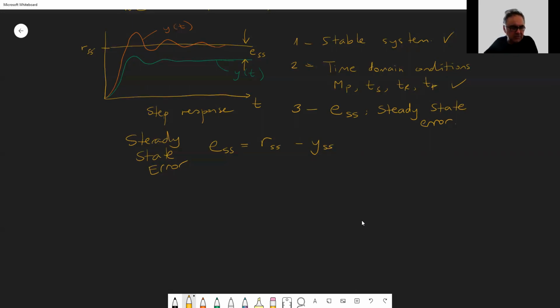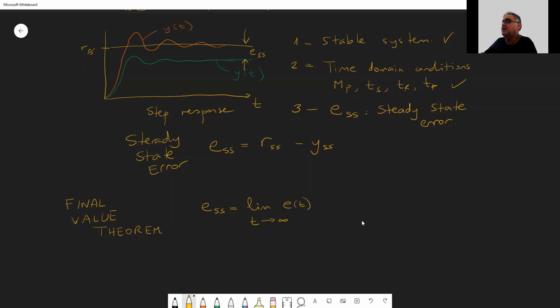A very important theorem which we will be using is the final value theorem of the Laplace transforms, which says that the steady state error, which is the limit as t goes to infinity of e(t), okay?